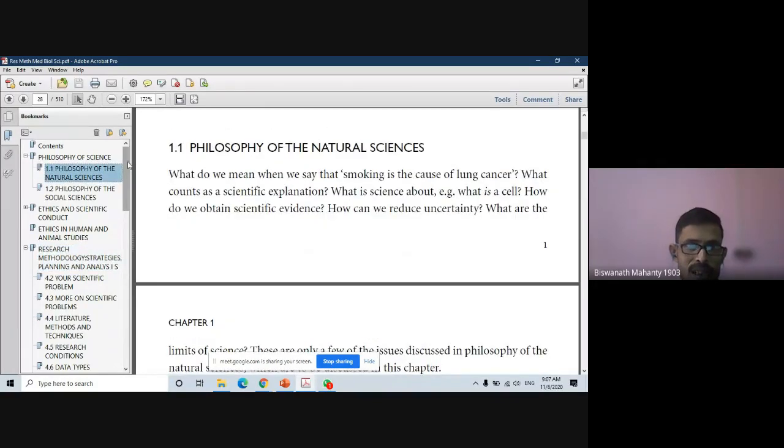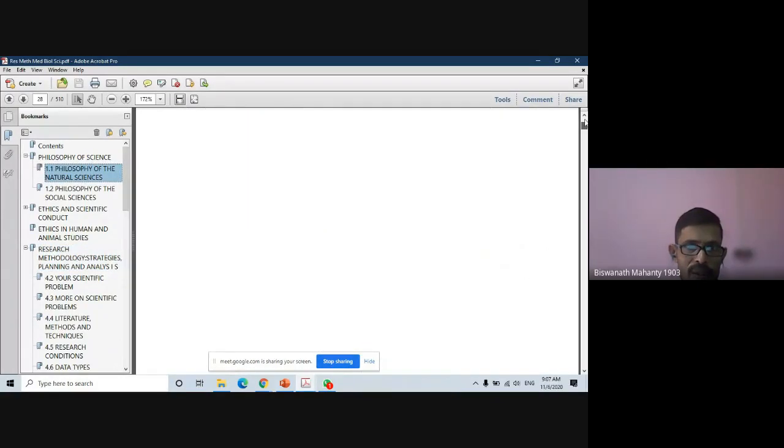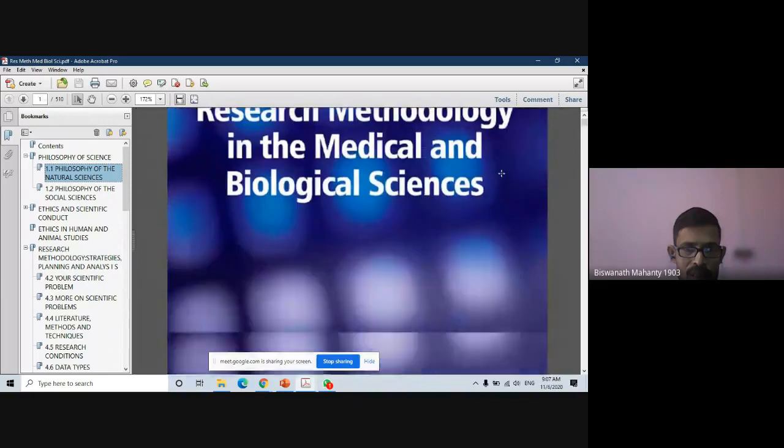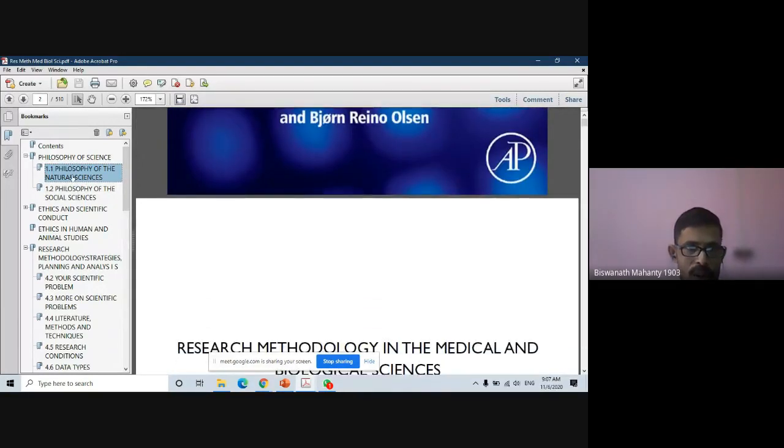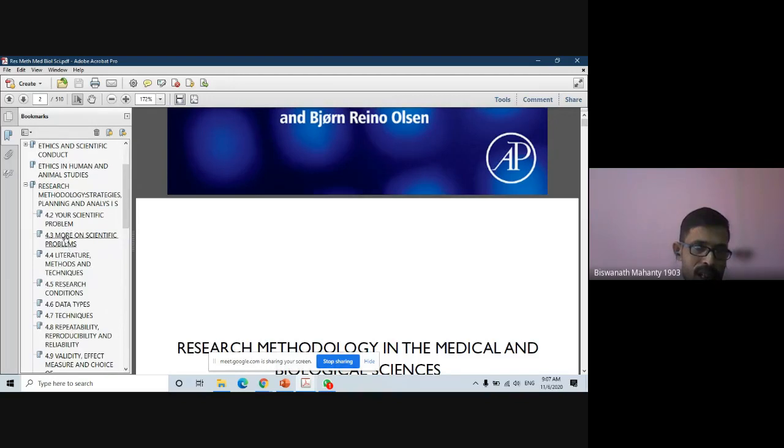That is the list, the Elsevier book, right? I already shared with you Research Methodology in Biological Science by Peter Lake. This book, unit 1.1 will have some discussion today, not much detail. And then in coming days, we'll have research methodology, strategy and planning. This is very important here, and this section I will definitely cover in our next class.